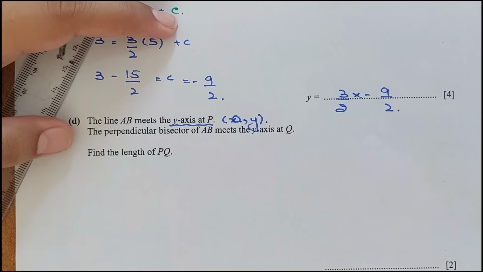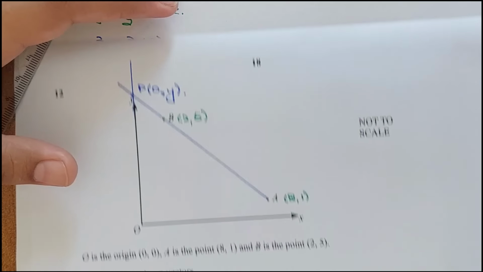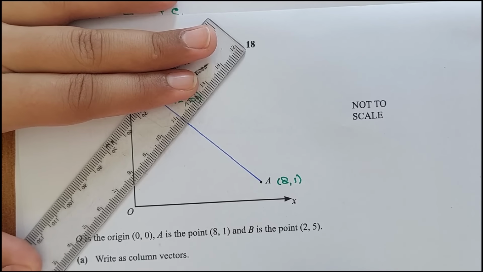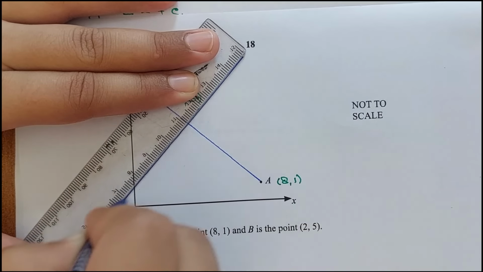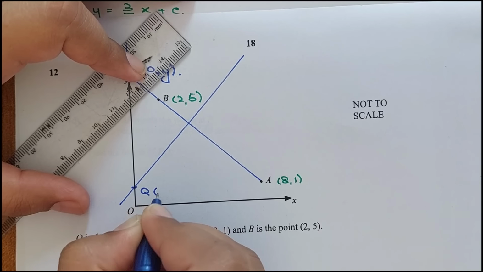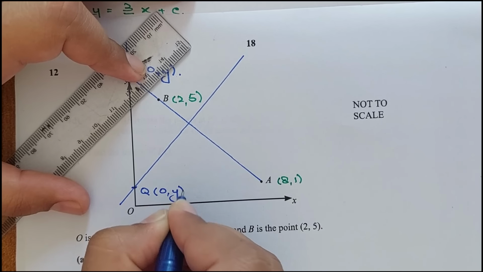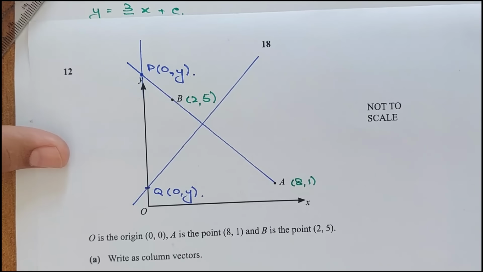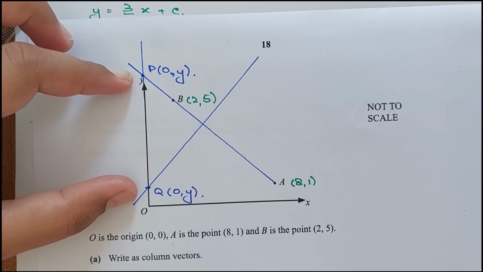Alright. And the perpendicular bisector of AB meets the y-axis at Q. Let's say this is the perpendicular bisector of AB. It meets the y-axis at Q. The x is 0, there is some y. Now the question is to find the length of PQ. This length we have to calculate.